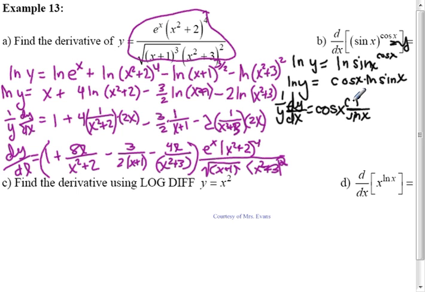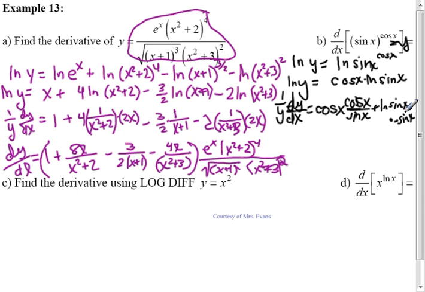So I'm going to write that right up here, cosine x, plus the second times the derivative of the first. So we get ln sine of x times negative sine of x. It's not divided, I just can't fit it, times negative sine of x.